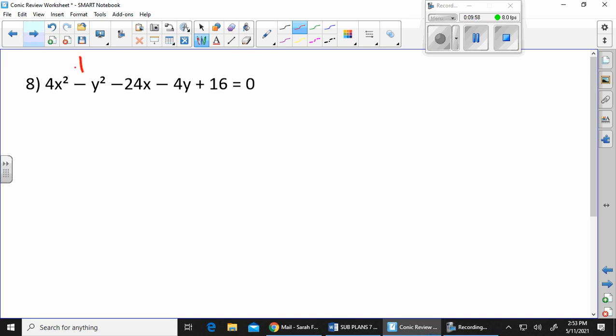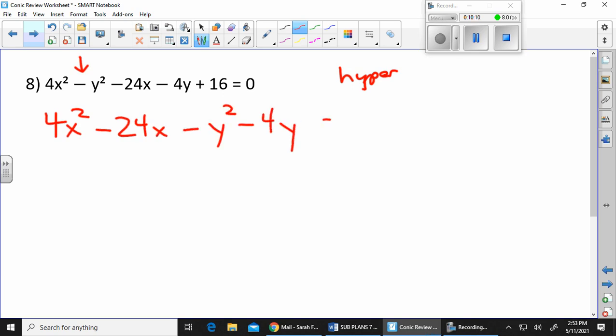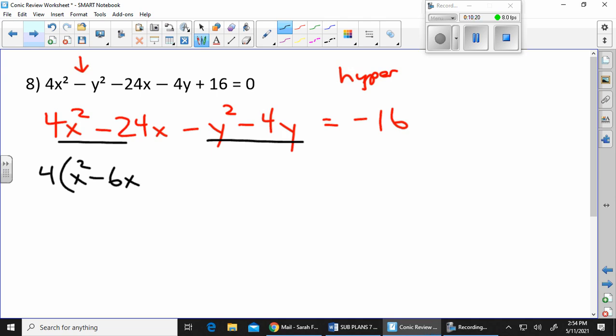So I look, they're both squared, it's minus, it's a hyperbola. So put the positive first, minus y squared minus 4y. Take 16 to the other side. Complete my squares. Take a 4 out. X squared minus 6x. Half of 6 is 3. 3 squared is 9.